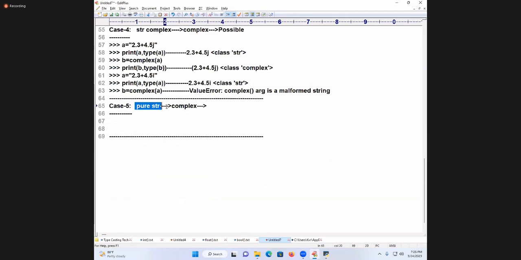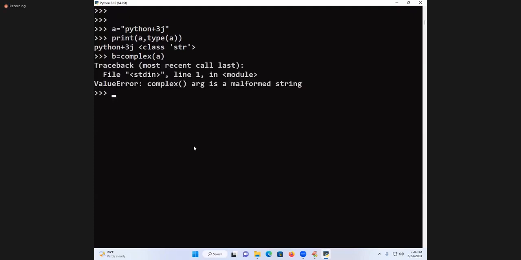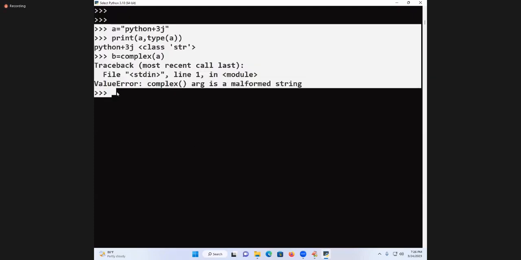So done. Are you following me? Next is called pure STR to which type? Complex type. I'm going to pure STR. Take care and you can answer it. I am taking what you know. A is equal to what? Python plus 3J. I am taking. Print of A. Done. Possible or not possible? Not possible. What error?